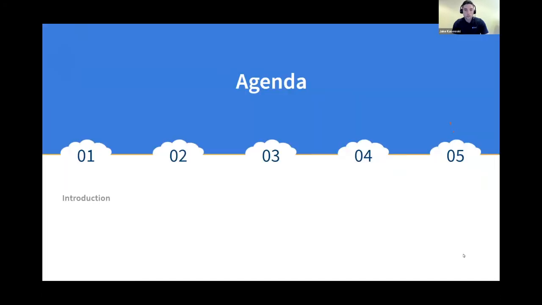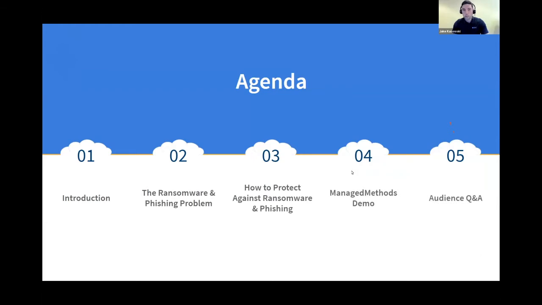So to get going here, for today I'll do a quick intro of who ManagedMethods is and what we do, and I'll lay the groundwork for today's discussion, how to protect against ransomware and phishing, by laying out the ransomware and phishing problem schools continue to face today.